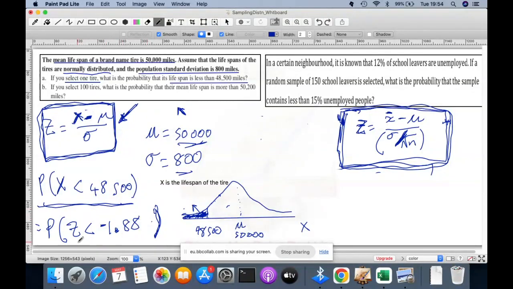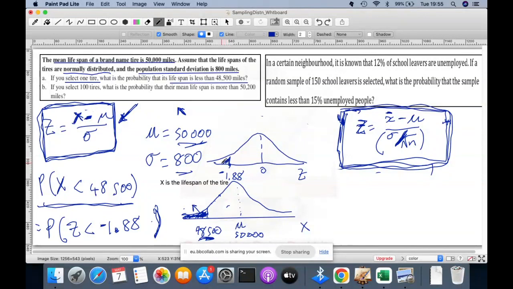All right, so now we need to find this area using our table. Now we're talking about our z-axis, which is centered at 0. The equivalent value for this x value is minus 1.88.